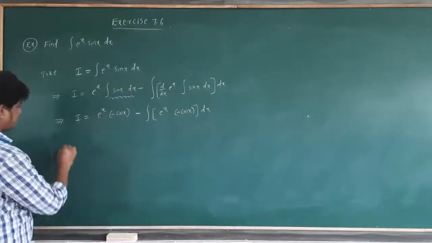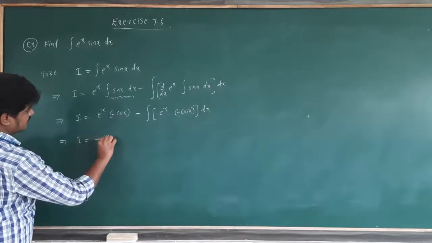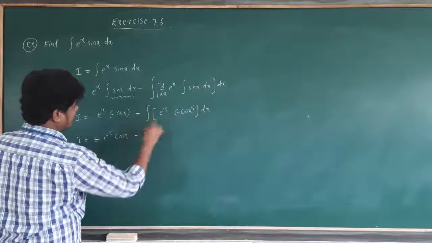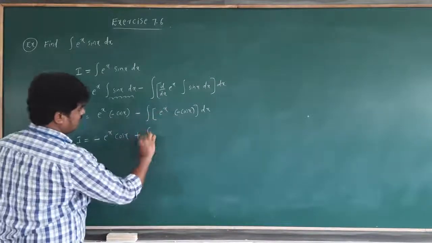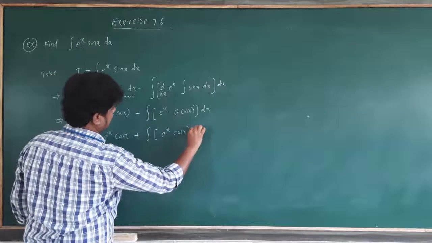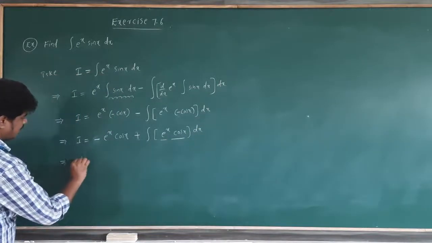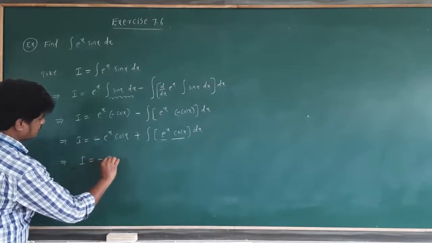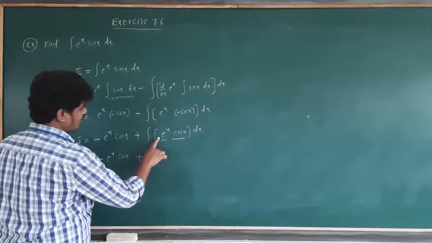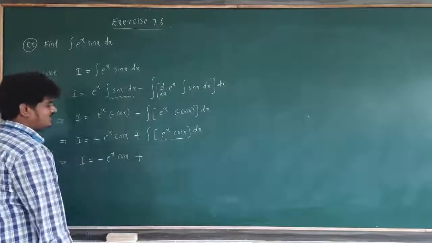Take the minus outside: I equals minus e to the power of x cos x, and minus and minus makes plus, so taking the minus outside, the integral of what do we have? e power x cos x dx. Again by parts, meaning the product rule. So what can I write? I equals minus e power x cos x plus first function e power x, which belongs to exponential, cos x belongs to trigonometry, so don't change the order.